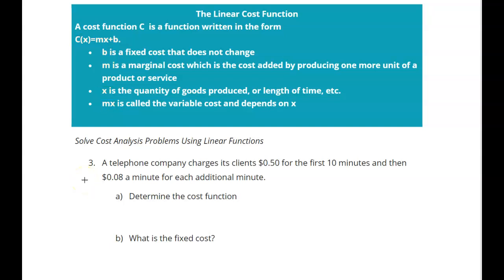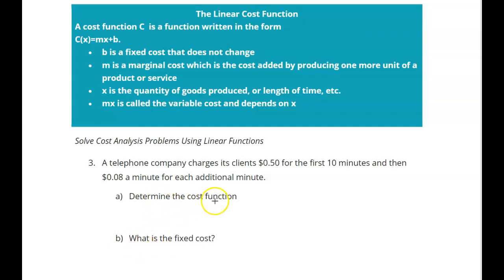So to understand this, we will take a look at the following example. A telephone company charges its clients 50 cents for the first 10 minutes and then 8 cents a minute for each additional minute. Determine the cost function and then calculate the fixed cost.